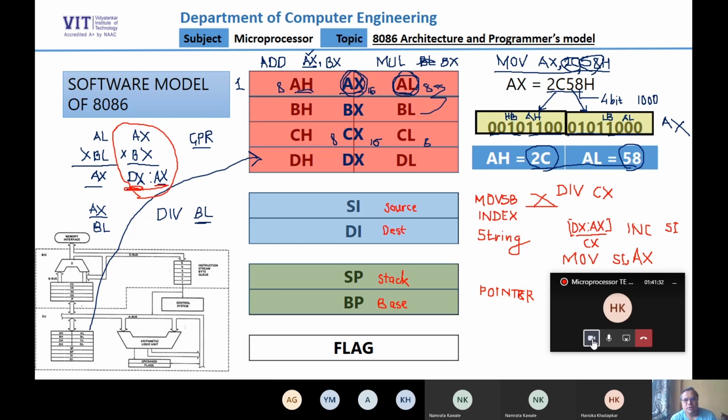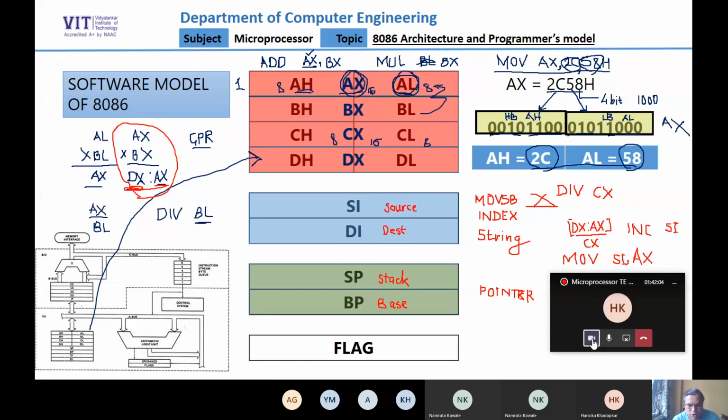These are basically pointer registers which are used to access the memory locations from stack segment. Segmentation is one of the features of the 8086 processor which we have not discussed up till now, but that carries a lot of importance.